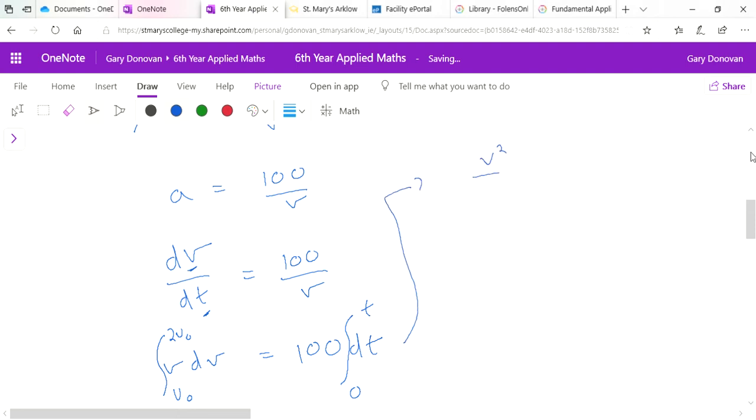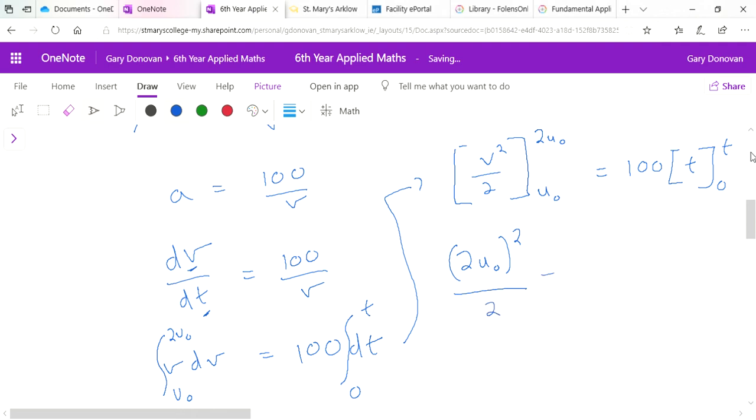So that will give us v squared over 2 with our limits of integration 2u0 over u0 equals 100 t and 0. So that's 2u0 squared, and remember it's all squared, so put it in brackets, over 2 minus u0 squared over 2 equals 100 times t, because that will be t minus 0.